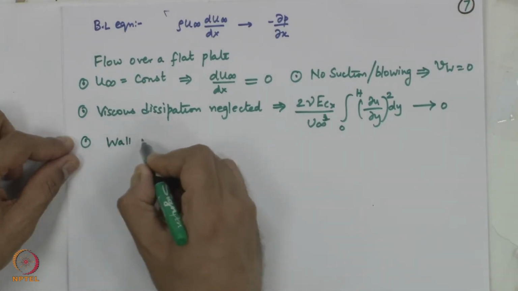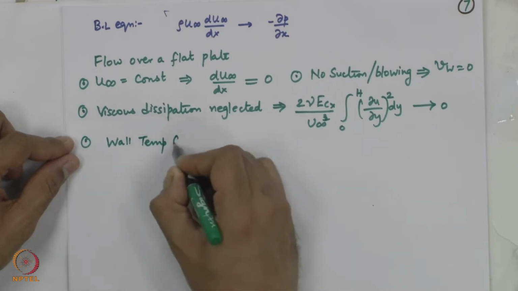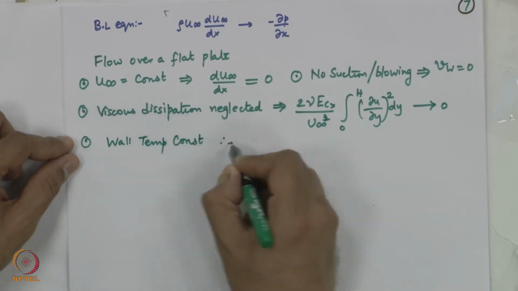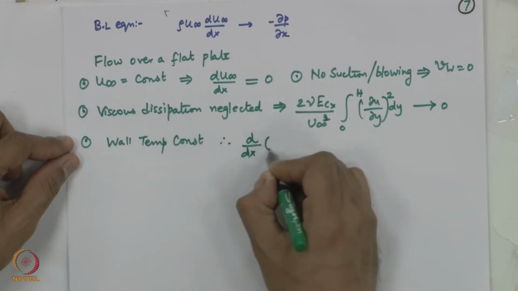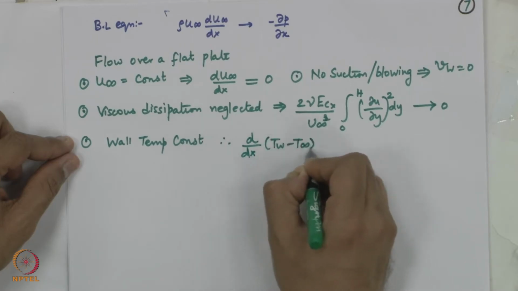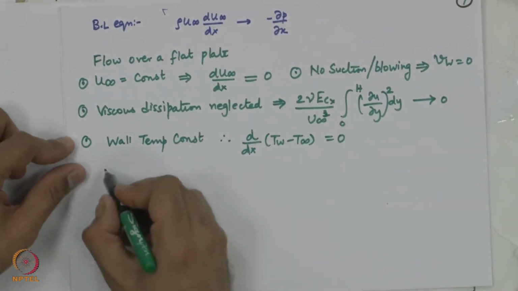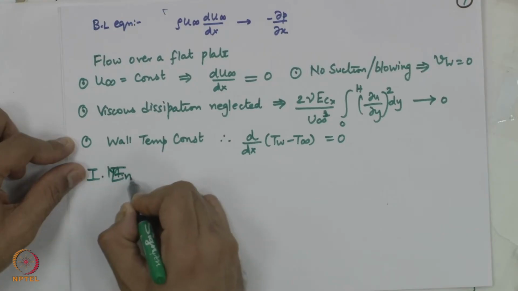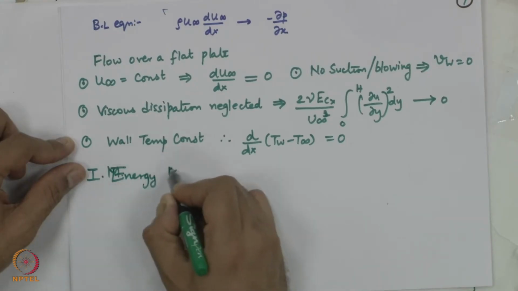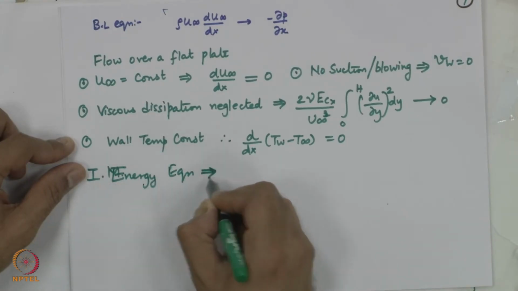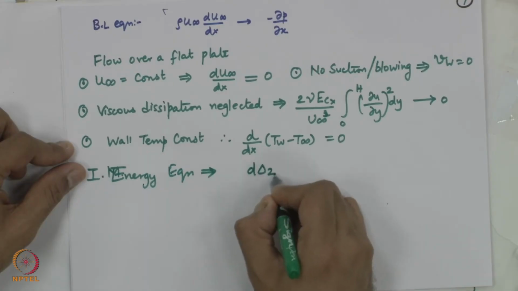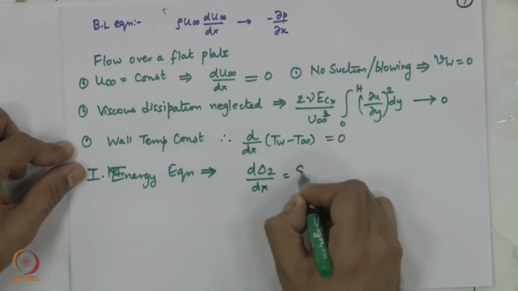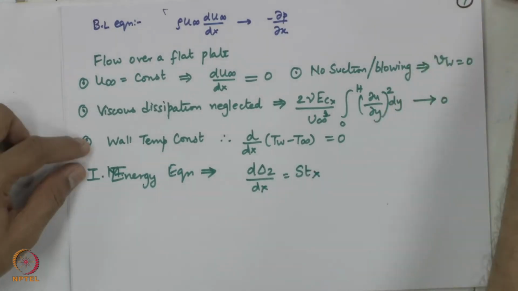Wall temperature constant, therefore, d by dx of T wall minus T infinity is 0. Therefore, the integrated energy equation becomes d delta 2 by dx is equal to local Stanton number.